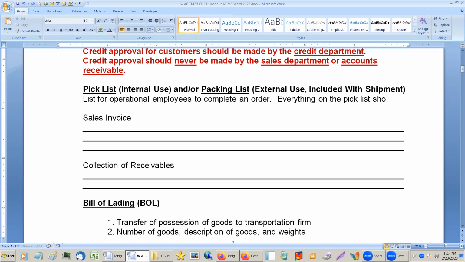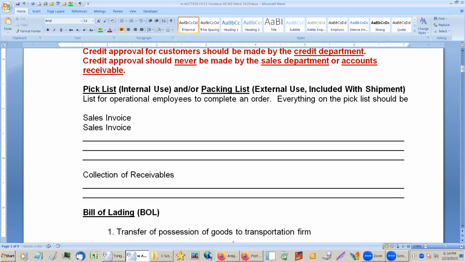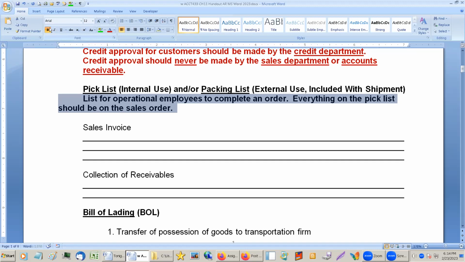The pick list should be on the sales order. Now, that doesn't mean that everything will be shipped at once. There might be things that are out of stock and all that kind of stuff.